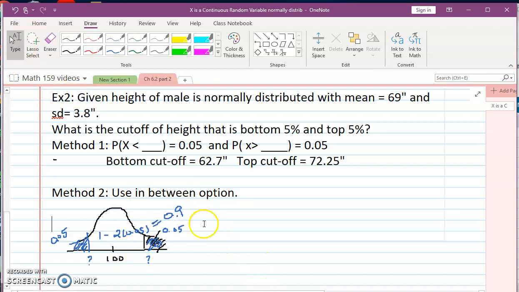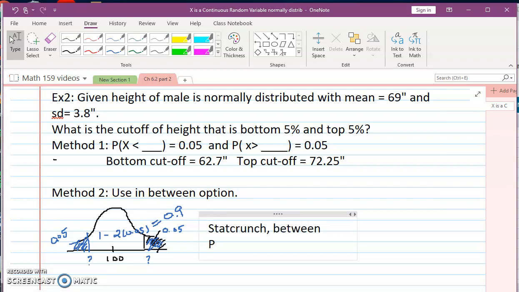So you would use the in-between option in StatCrunch, and then you say probability of blank greater than X, less than also blank, and then say this is 1 minus 2 times 0.05.